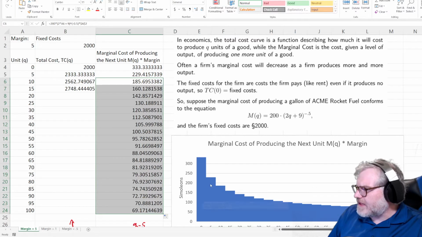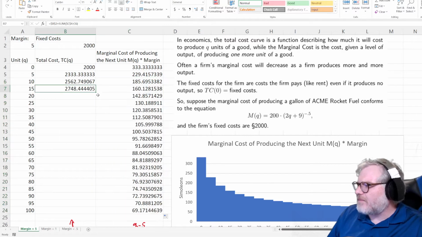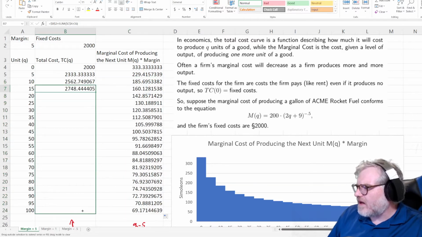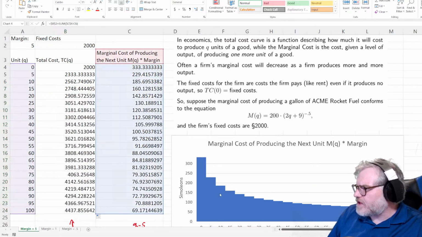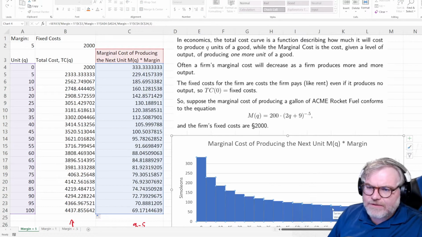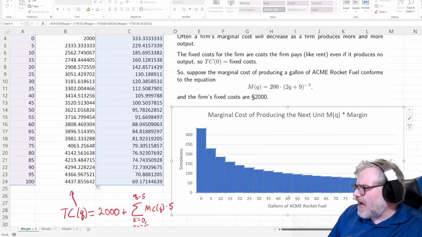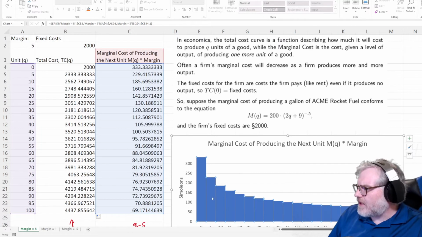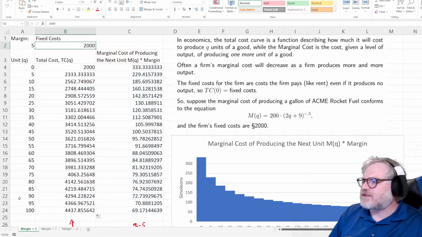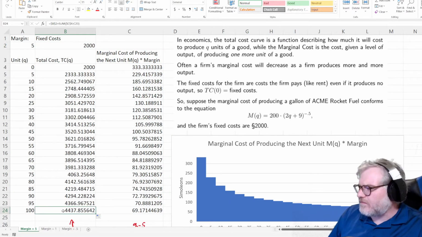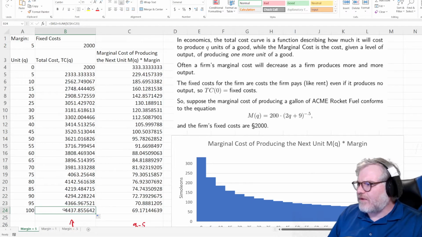So if I add this rectangle, this rectangle, this rectangle, this is every 5 units, I'm computing the marginal cost, and then I'm multiplying by 5, which gives me the area of this particular rectangle. Okay? Now what I'm going to do is add all those up plus the 2,000 to get my total cost at a particular point.